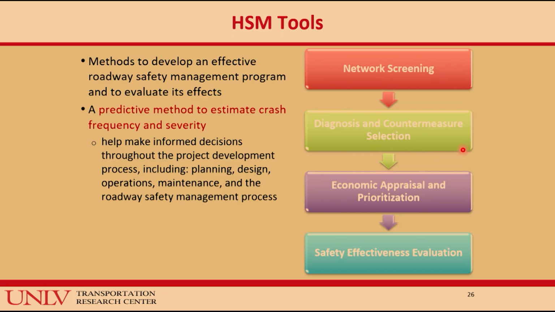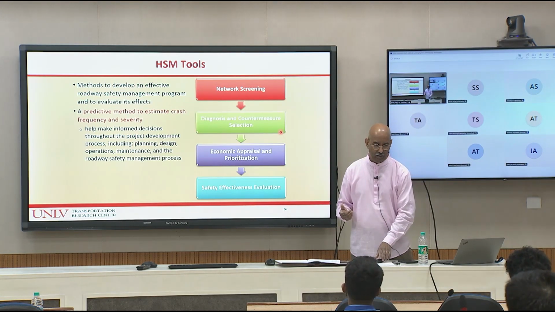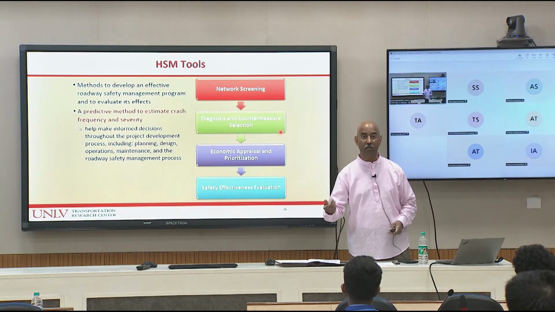So network screening also identifies not just the roadway types, divided roadway, not divided, rural, urban, but roadway characteristics such as speed limits, number of lanes, freeways, non-freeways, I don't know if I mentioned that, and where you have crashes, how many crashes, what types of crash outcomes.